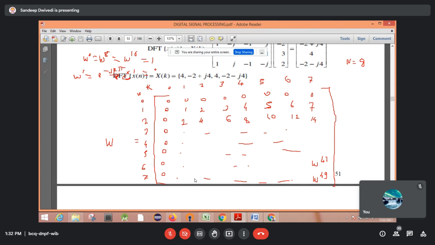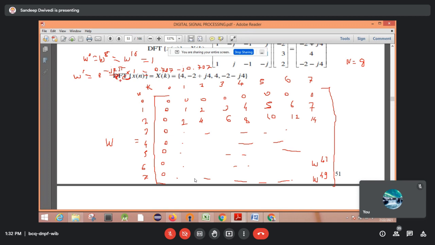So this will be cos pi by 4 minus j sin pi by 4. So that value will be something like 0.7. In the calculator you can verify it. It is 0.707 minus j 0.707, same value, okay. In your calculator you can verify this value. This is the value of w raised to power 1.